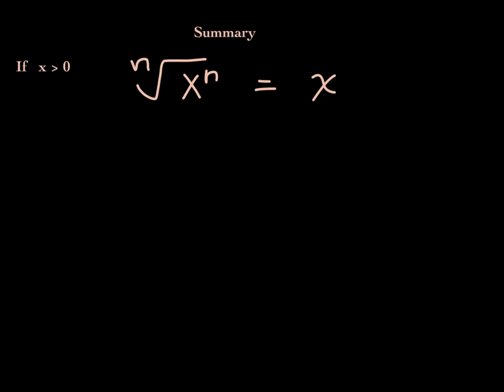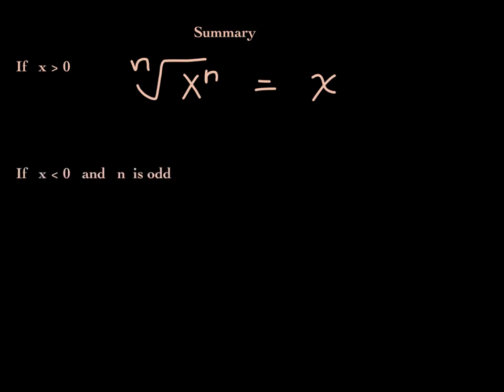The nth root and the nth power cancel each other out, if you will, because they're opposite operations, and you're just left with x. The formal language here is that x is the expression such that when you raise it to the nth power, you will get x to the nth power. x is the nth root of x to the n.